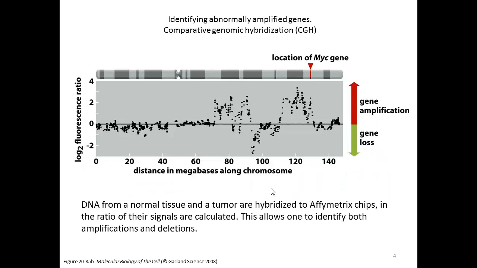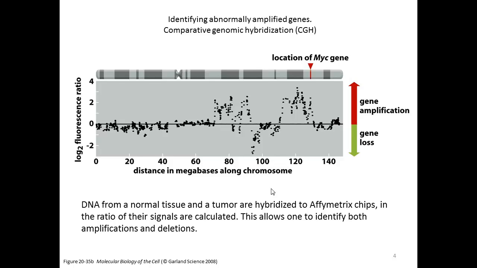Another way that people study chromosomes of DNA, as you've seen with the karyotype pictures, is to look at regions with very high accuracy to see whether they're amplified or deleted. You'll remember the crazy colored mixed up pictures of the cancer karyotypes and sometimes multiple copies of a gene.